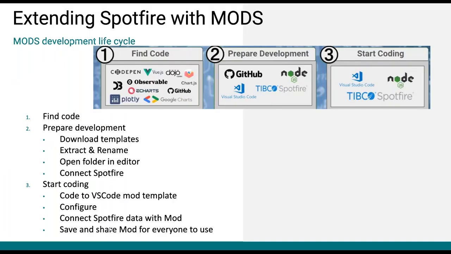Let me go to the next slide. So some concepts regarding extending Spotfire with mods. There are some steps that we have to follow when developing with mods. First step will be to find code. The main question we can ask ourselves is, why don't we start from scratch? The answer is purely a matter of time and also taking advantage of the variety of JavaScript examples that we find around visuals on the internet.